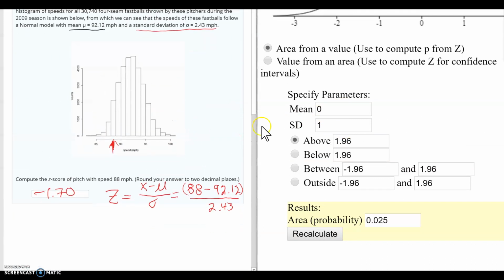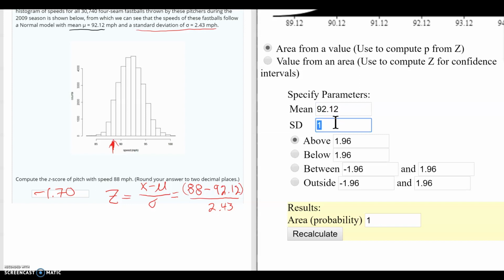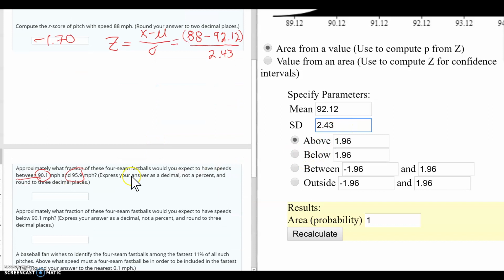So let me scroll back up. The mean is 92.12, and my standard deviation is 2.43, and I want to go between, so again, I have to make sure I change this button here.